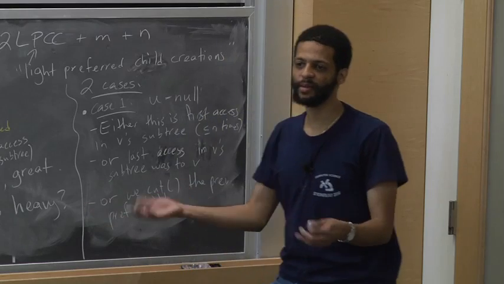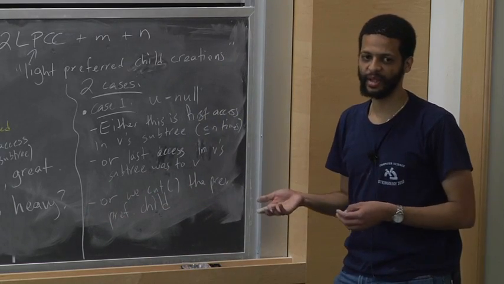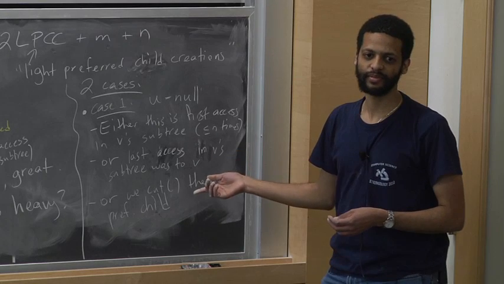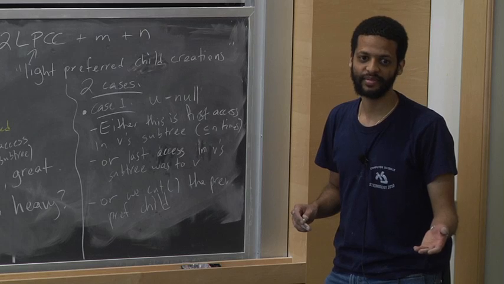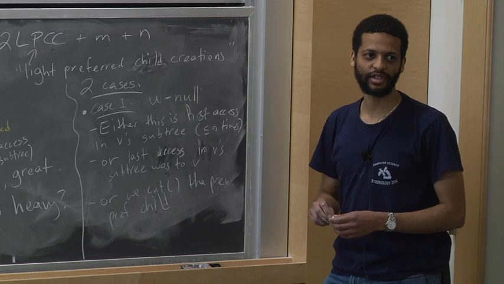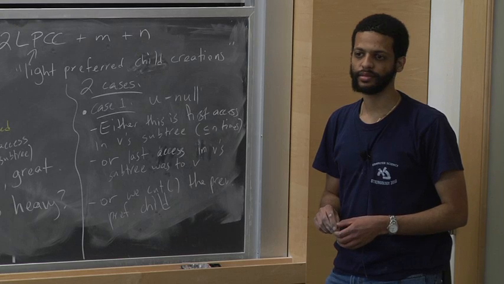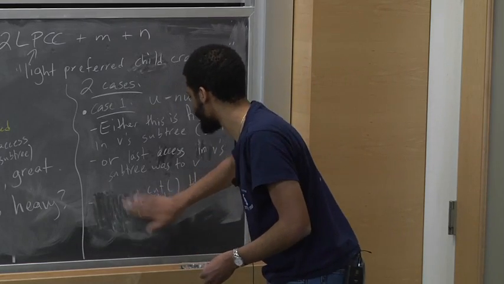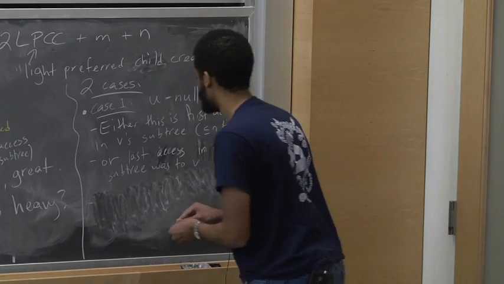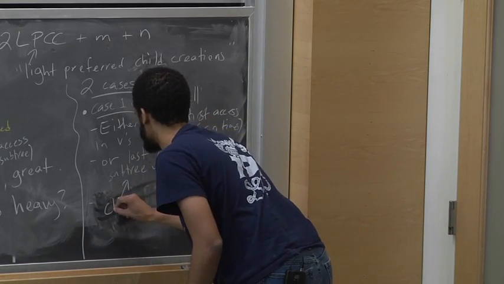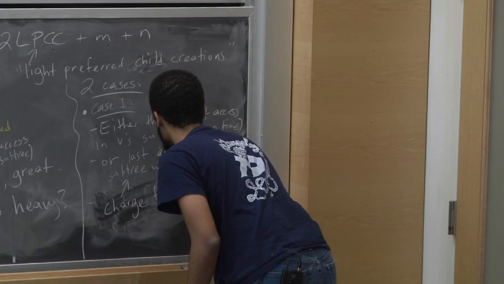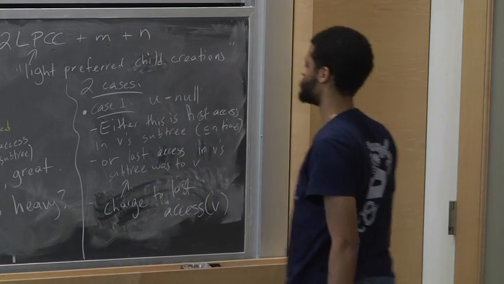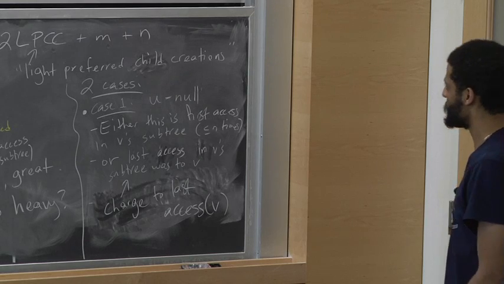Because the next time we see V, it will have a preferred child, namely W, unless there was another access, in which case that access would get charged. So we actually didn't really need this because there's an access in there. So we charge to the last access on V. Okay.